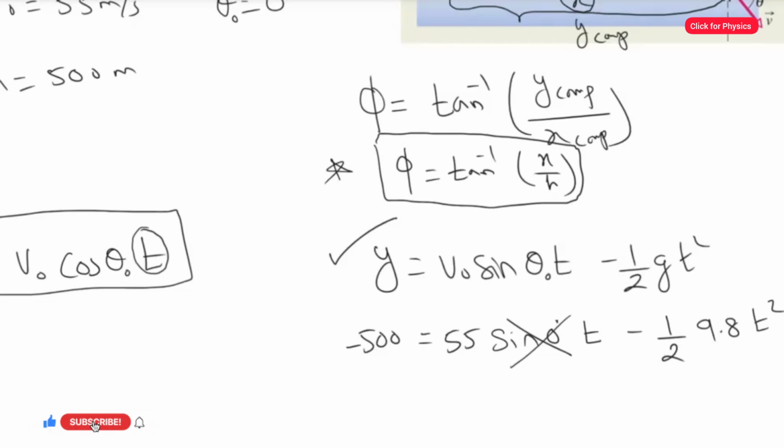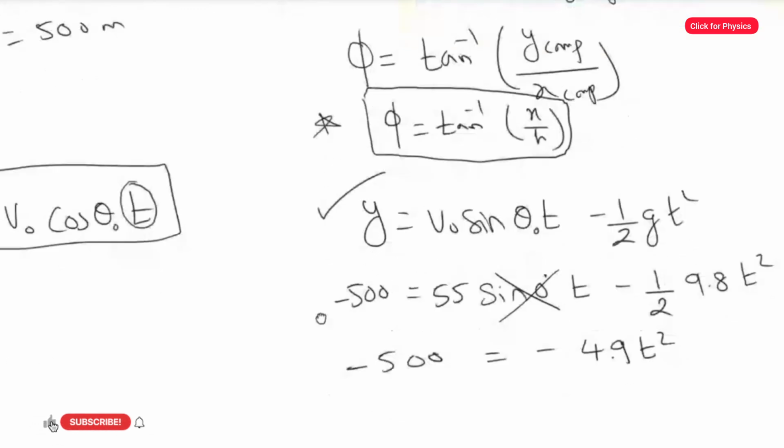What is remaining? We have minus 500 equal to minus. When you divide 9.8 by 2, we get 4.9. So I'm going to write here minus 4.9 t squared.